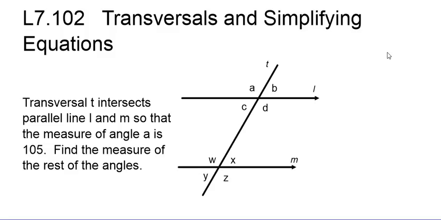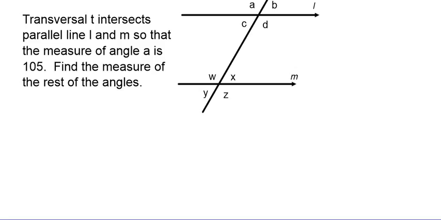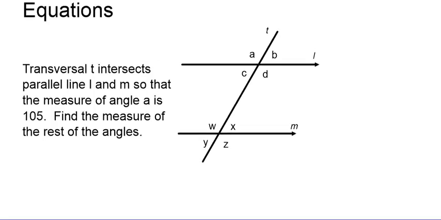Here we go. Transversals. Transversals, of course, is when you have two lines that are parallel, such as this line here and this line here, and then they are intercepted by a third line like this. Because of that interception, there are unique features that we can find in the relationships between the angles.